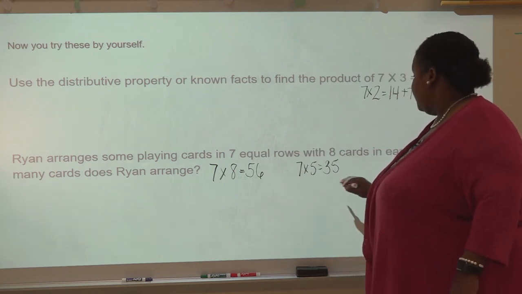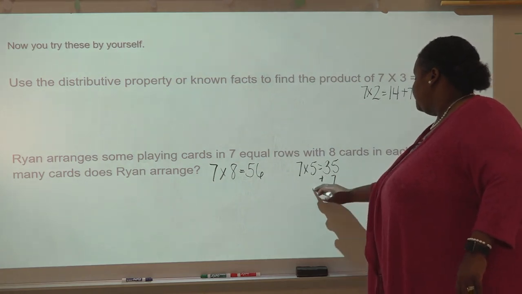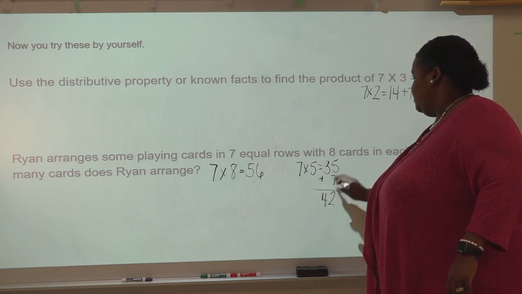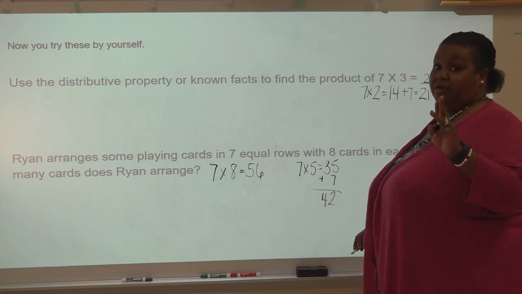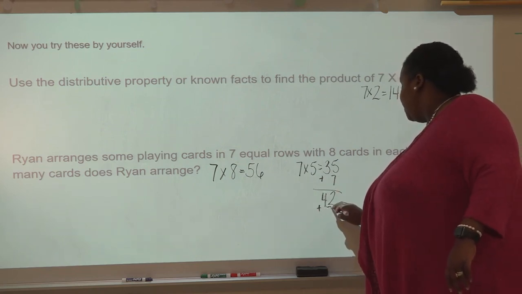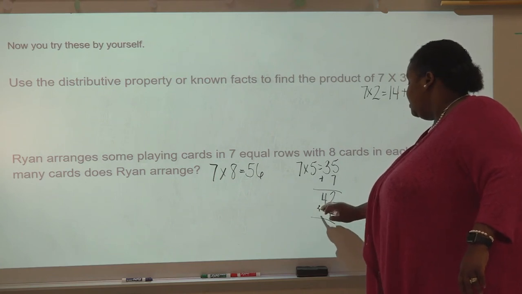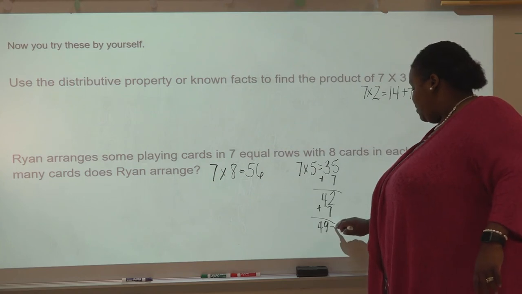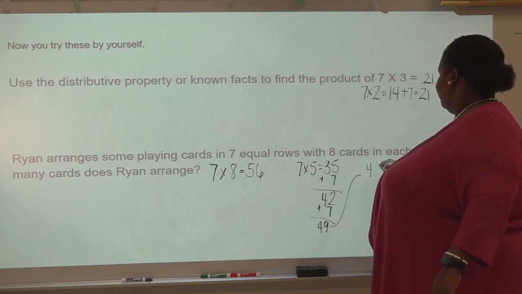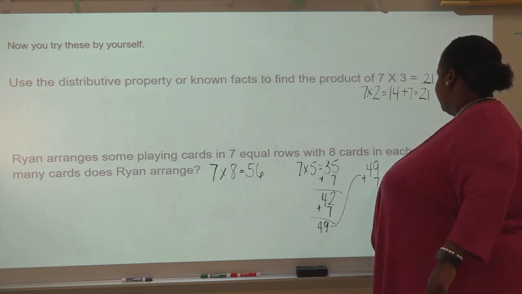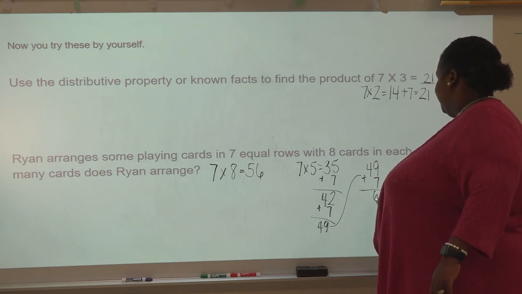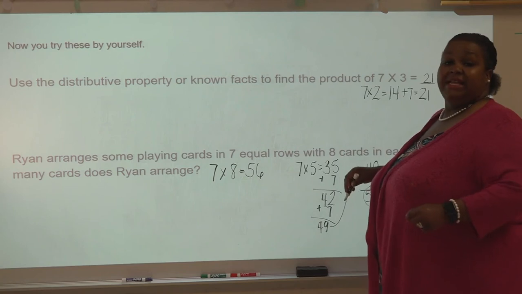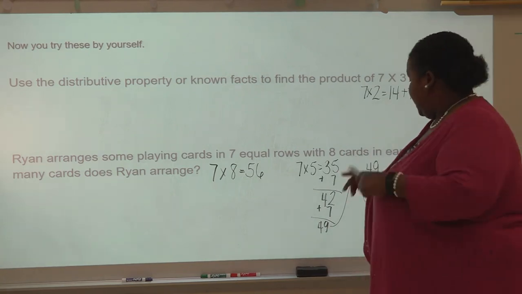So 35 plus 7, okay, 42. That was 1. I need a total of 3 more 7s. 49. I need 1 more 7. 49 plus 7. Oh, 56. Again, 7 times 8 equals 56.